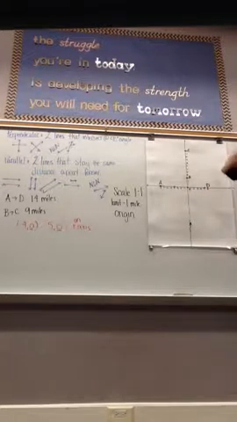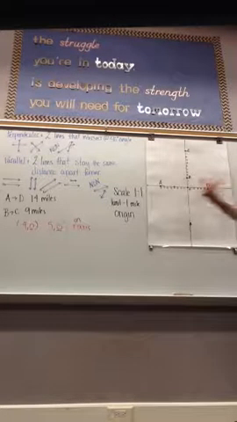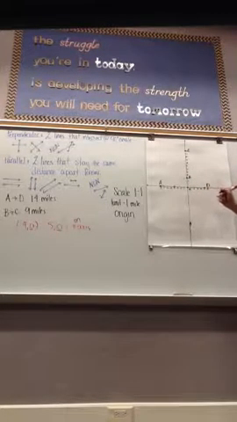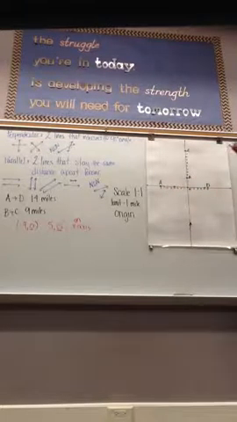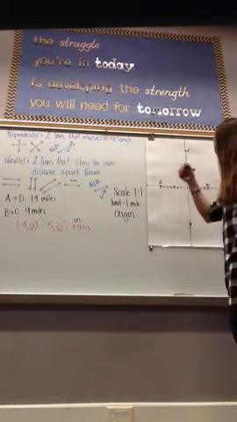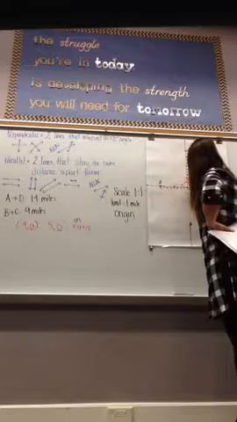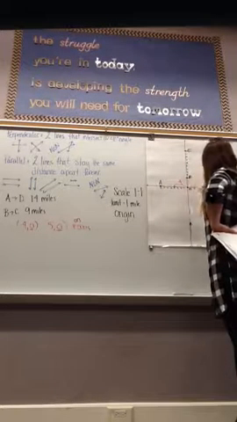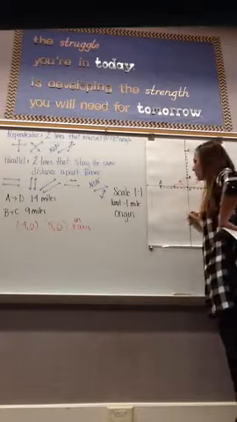So push pause until you think of maybe an equation that we could write to find the distance from this point to that point. All right, as you hopefully were thinking about, we know that this is 4 units to 0. And then we know this is 5 units.